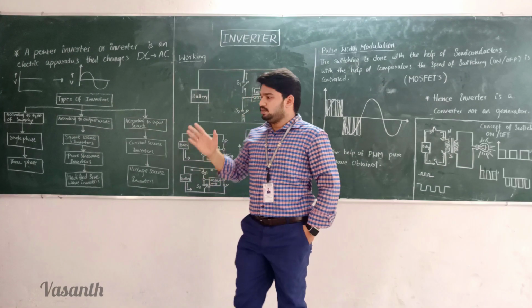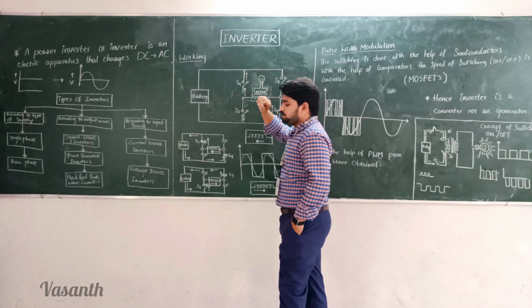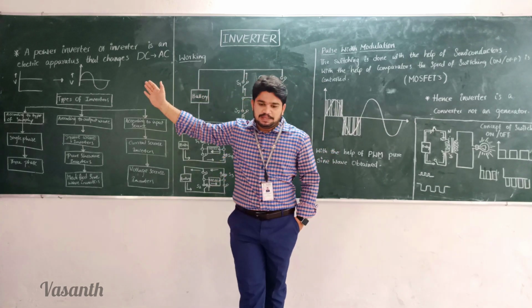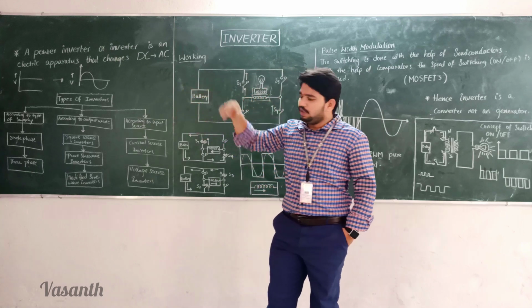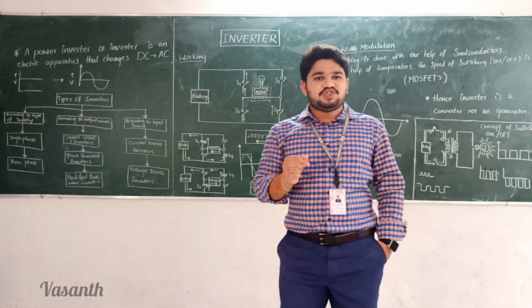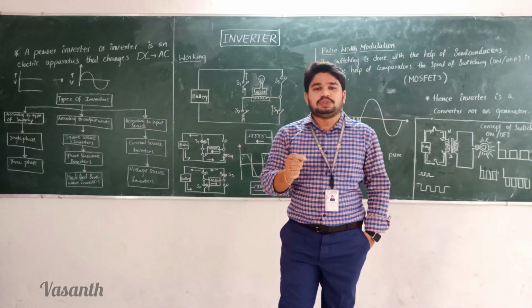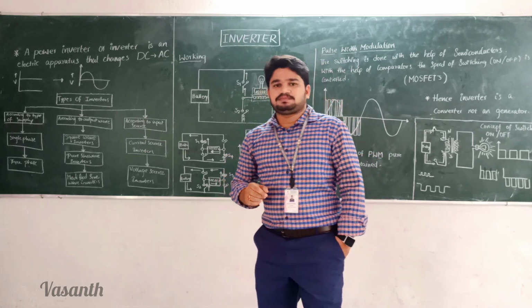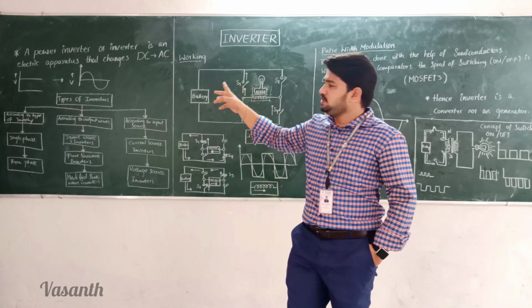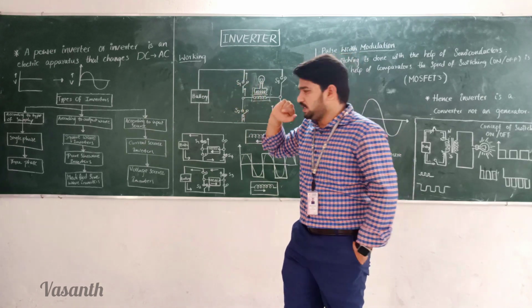In this topic, we are speaking about inverters. So coming to the definition, a power inverter or an inverter is an electronic apparatus that changes DC current to alternating current. The working of an inverter is to change DC current to alternating current.